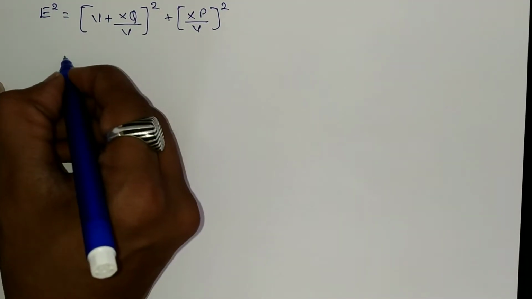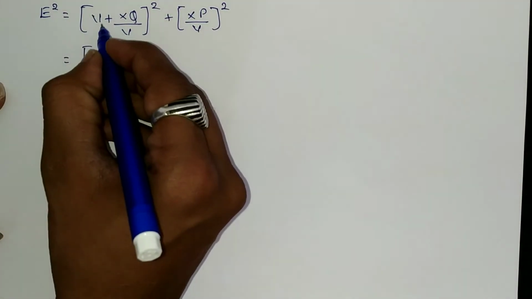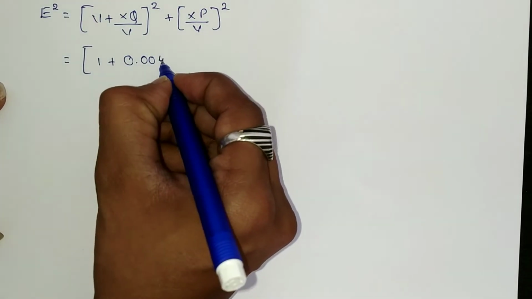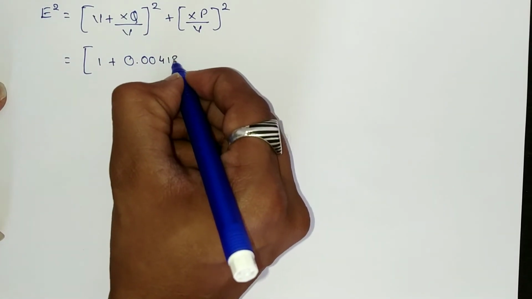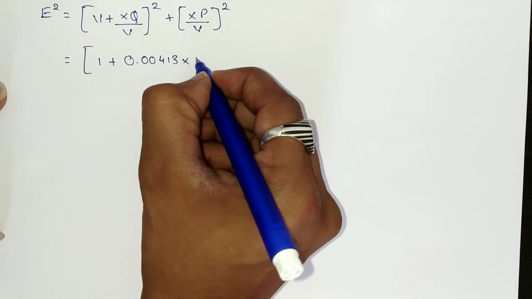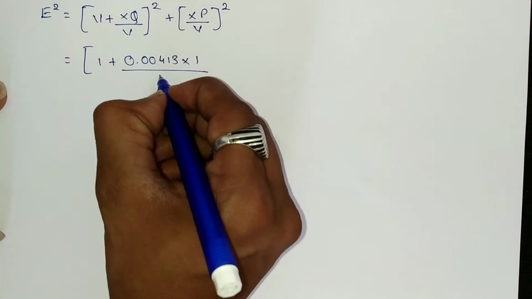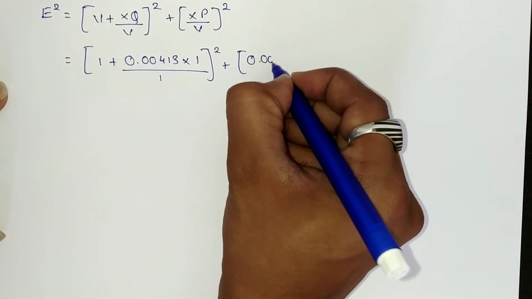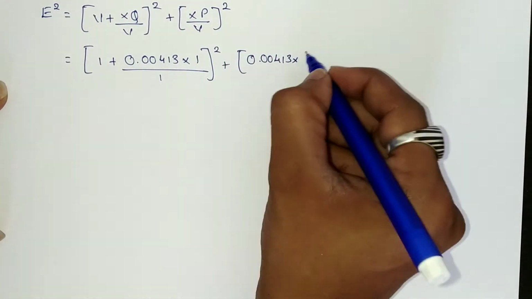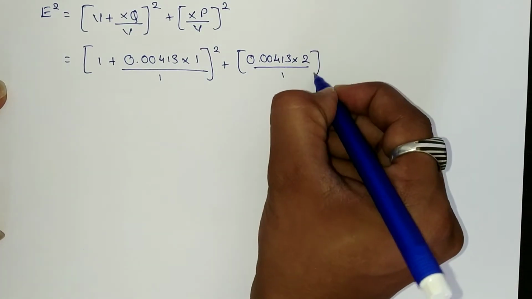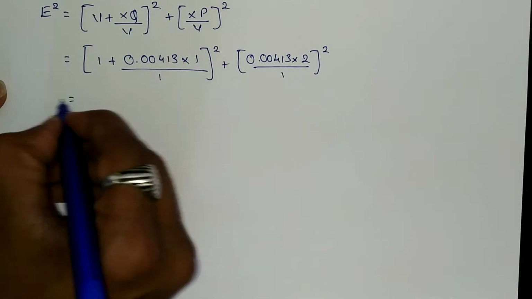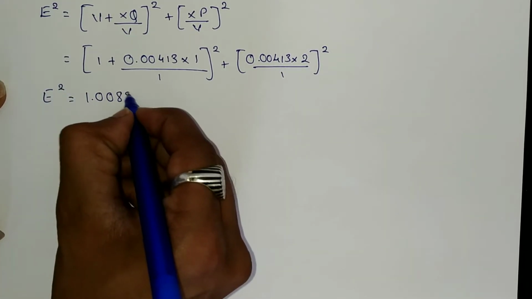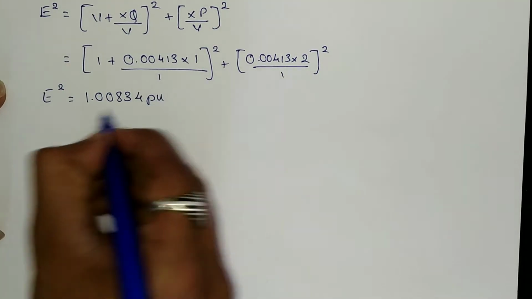On substituting all in terms of per unit, V is 1 plus X is 0.00413 into the value of Q is 1 divided by again V is 1, whole square, plus X is 0.00413 into P is 2 divided by V is 1, whole square, and E square is equal to 1.00834 per unit.